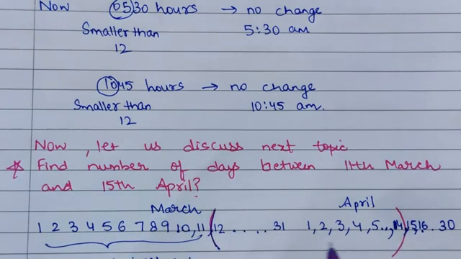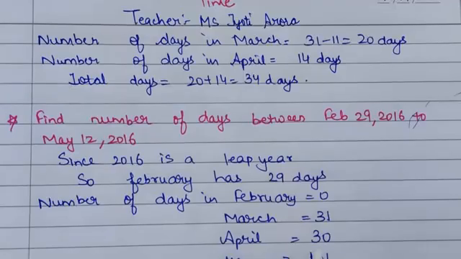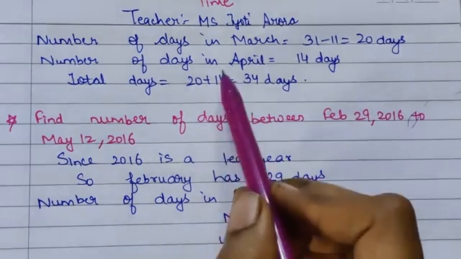Days in March, we find 31 minus 11. What will we get? 20 days.